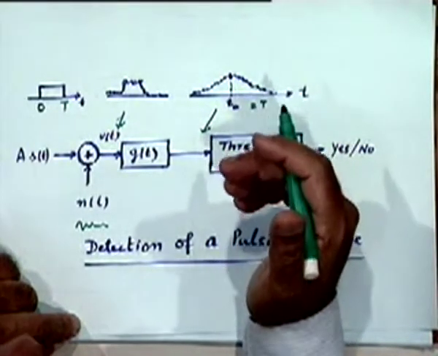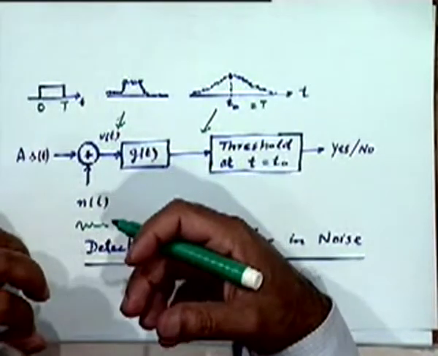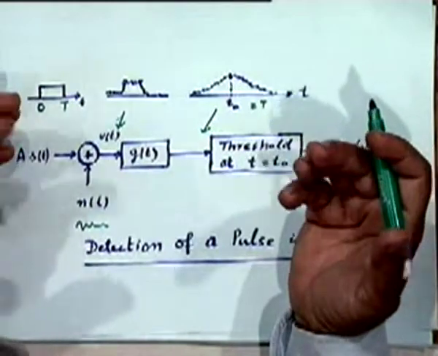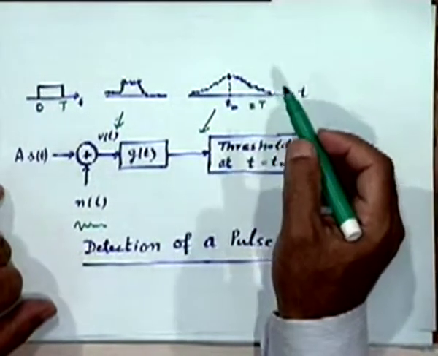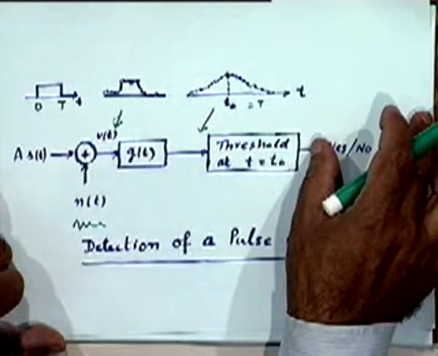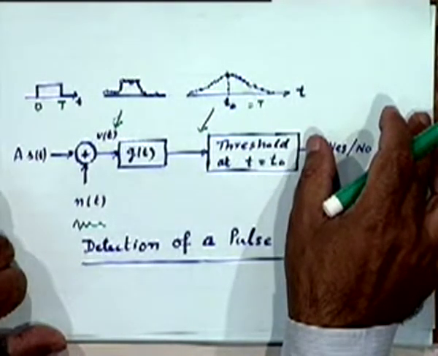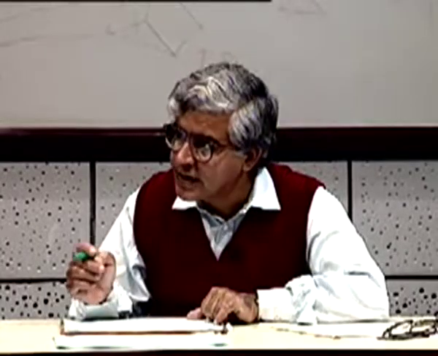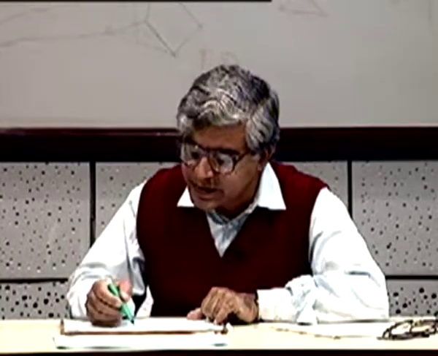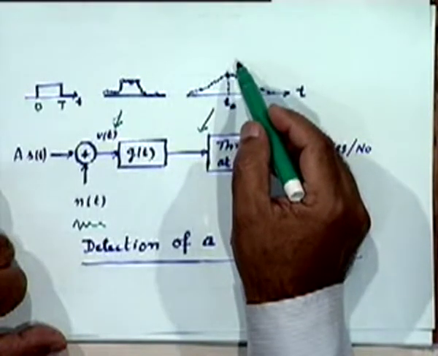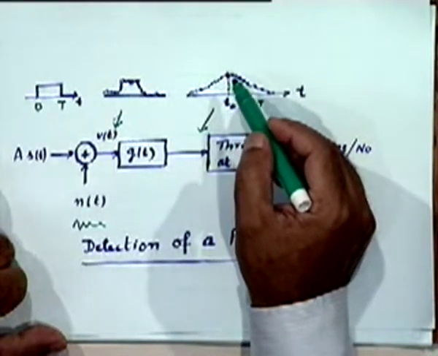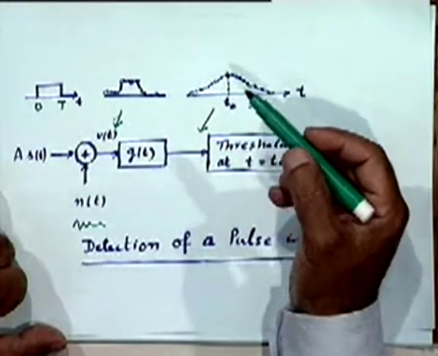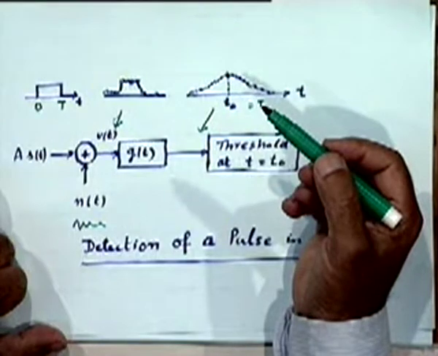How much of this value has been contributed by the signal, the pulse, and how much of it by noise. If there was no noise, this value would be completely contributed by the signal alone. But the presence of noise would disturb the value that you would have seen if signal alone had contributed. It might decrease it, or it might increase it. It will perturb the ideal value.